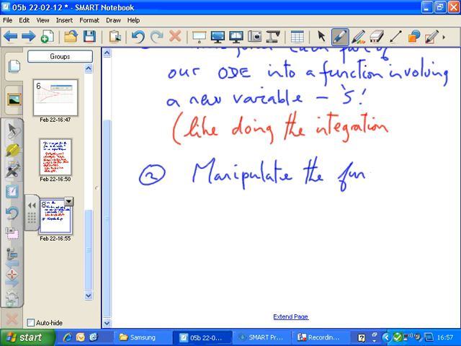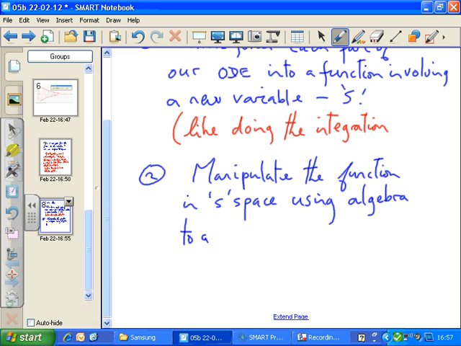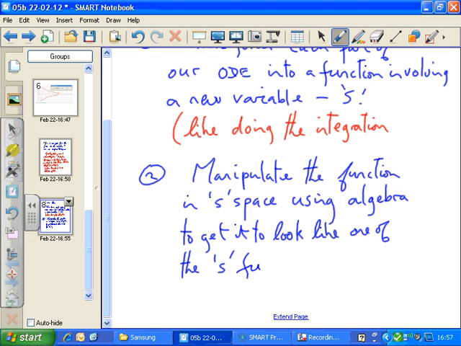The function in S space using algebra to get it to look like one of the S functions in the table.